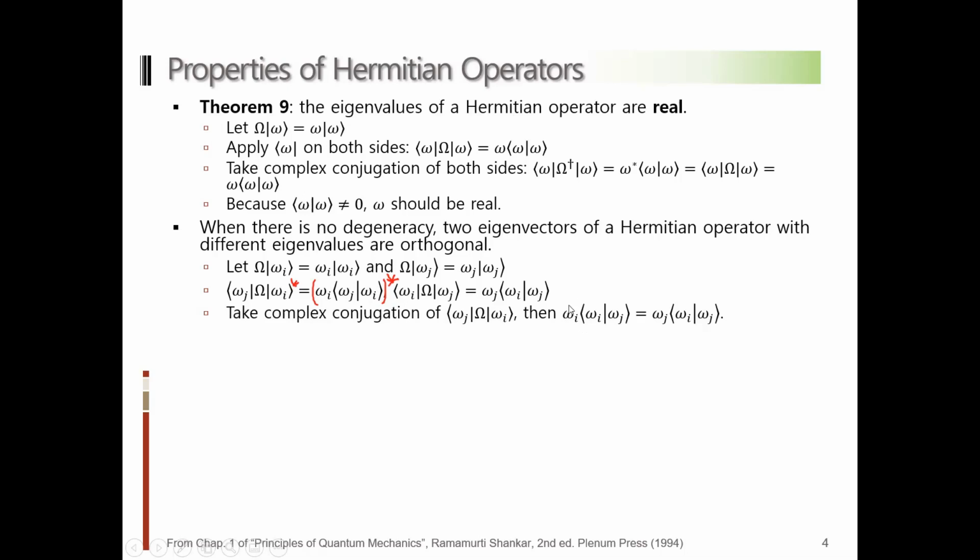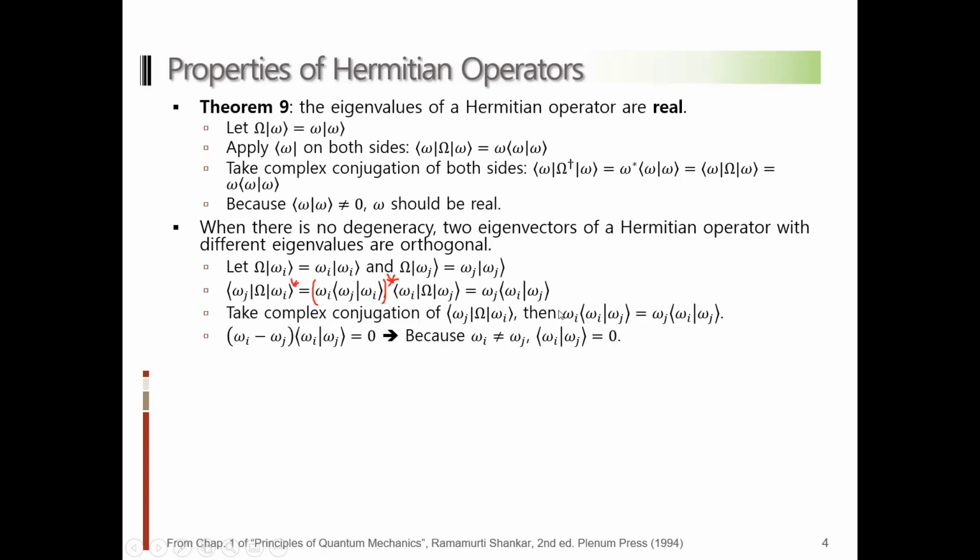So it doesn't matter whether I have a star or not. So I will have this one. And for this one, because the complex conjugation will apply to it, they will switch their location, and the final result is this one. And I just wrote down this one again. So they should be the same.